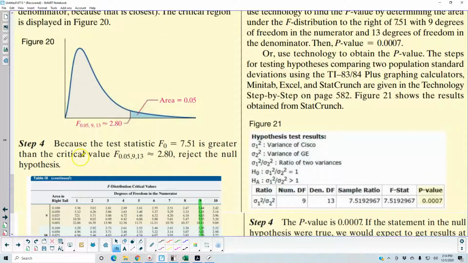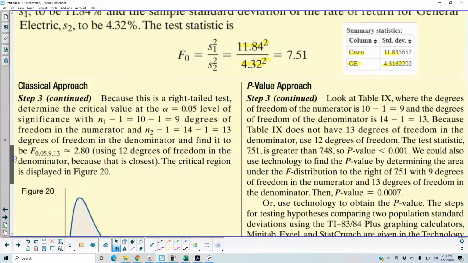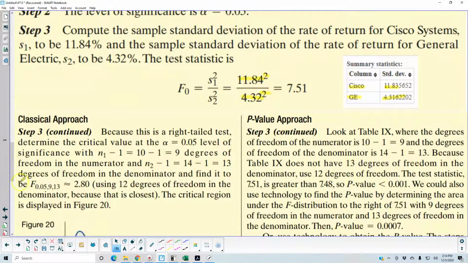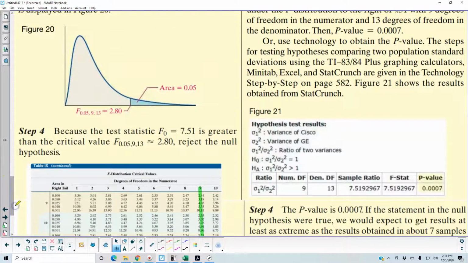Now, we also know that the test statistic that we found is 7.51. We can see here that 7.51 falls in the critical region.